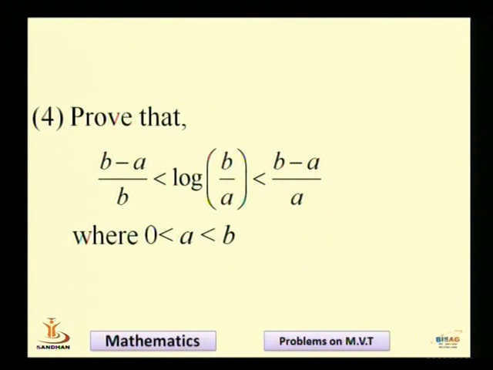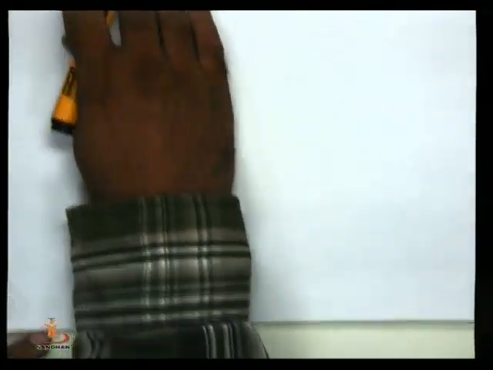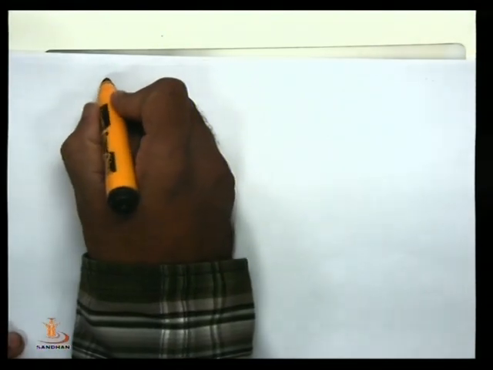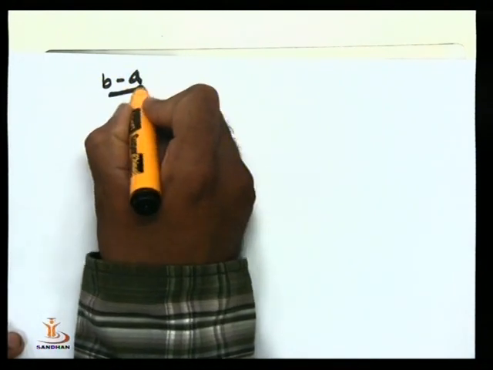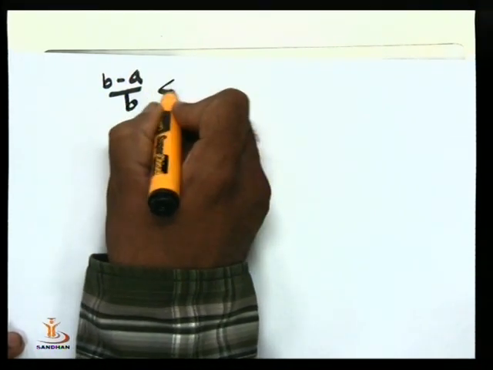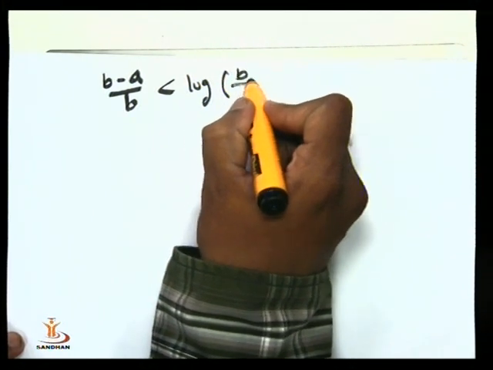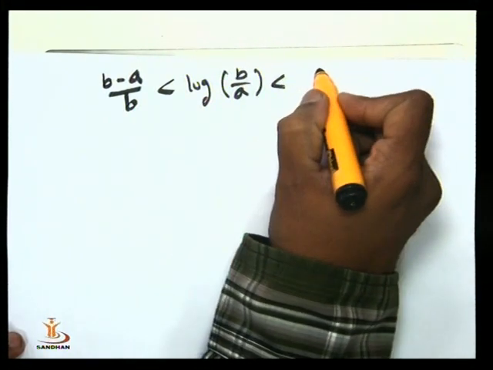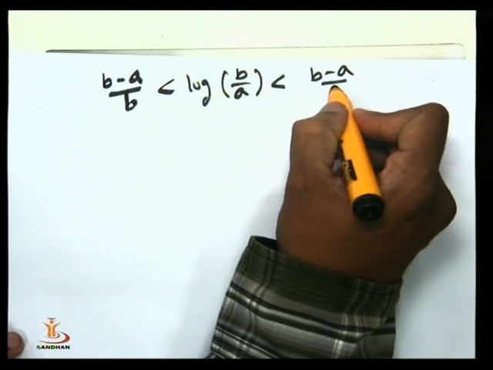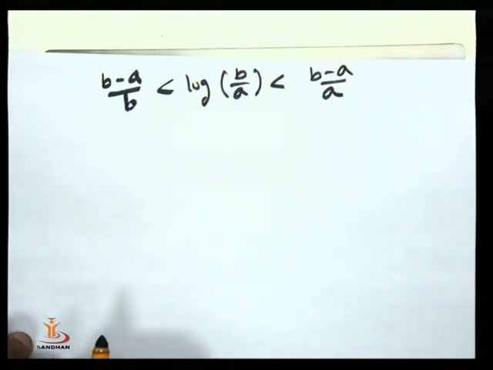Then you can use that formula of the Lagrange's theorem for some c. So, for this, let us think from the given inequality here. We want to prove this (b minus a) upon b less than log b upon a less than (b minus a) upon a. I want to prove this thing.